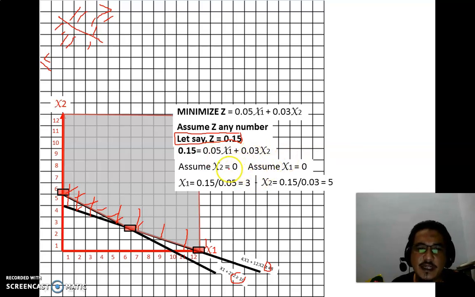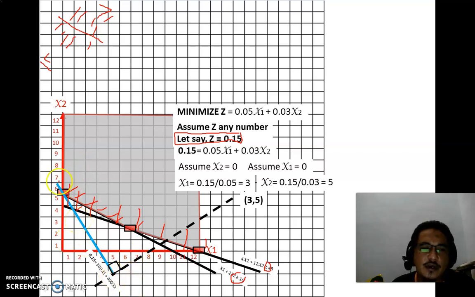Same step, assume s2 is 0, then assume s1 is 0. We get the numbers 3 and 5. Plot the line at 3 and 5, draw the 90-degree line, and move it toward the objective.